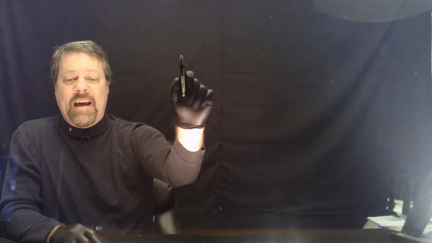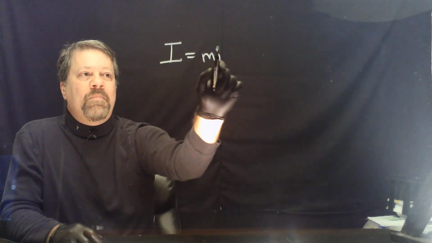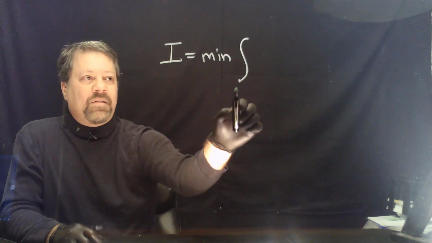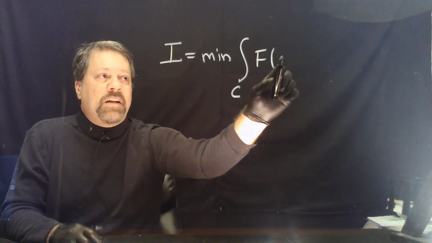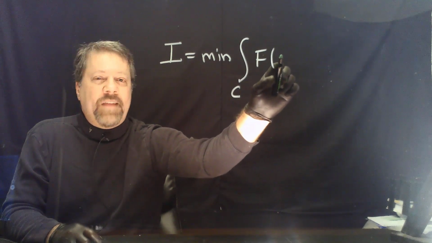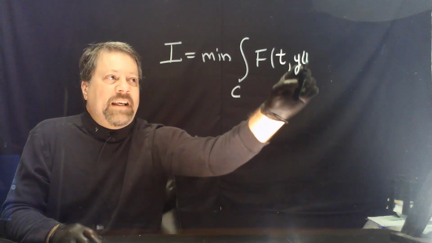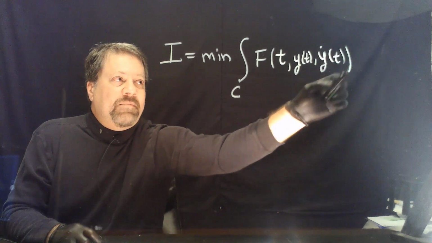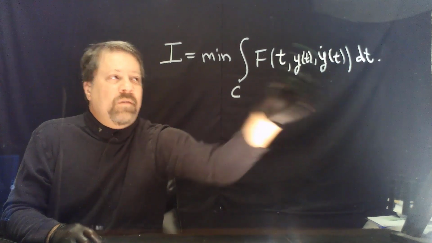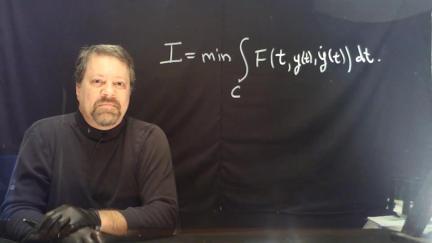Suppose that we have the following problem. We want to minimize the integral along a path of some function that involves an independent variable, let's call that independent variable t, y of t, and y dot of t, where y dot is the derivative of y with respect to t.